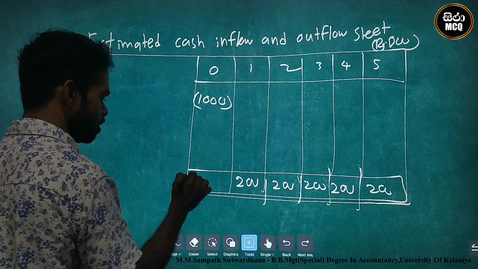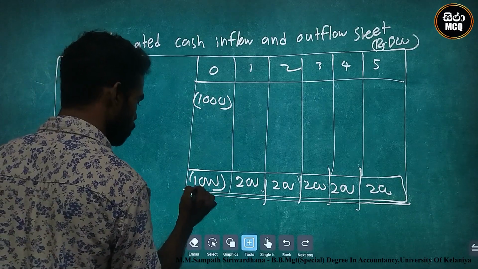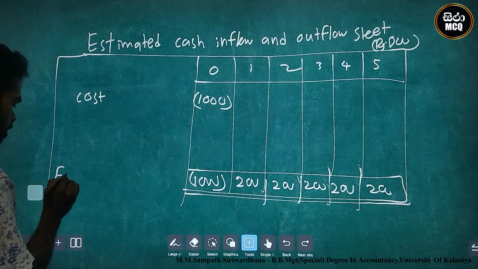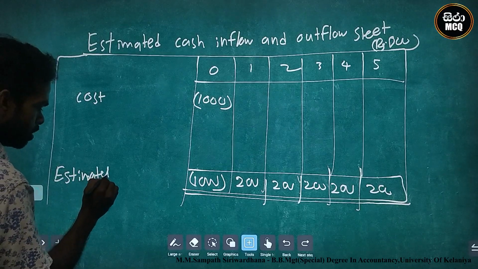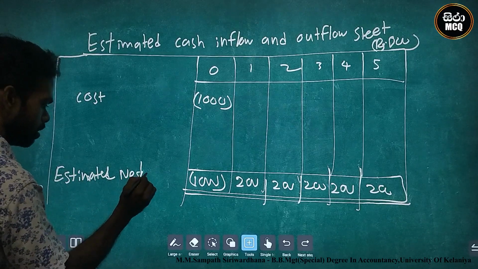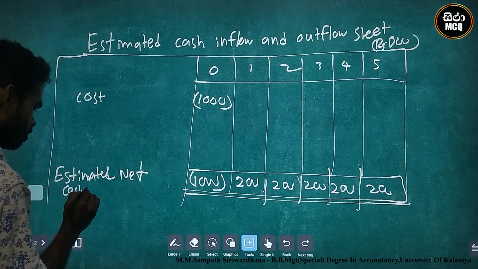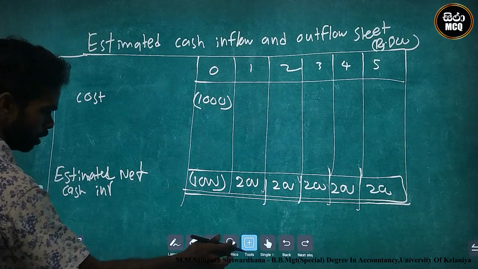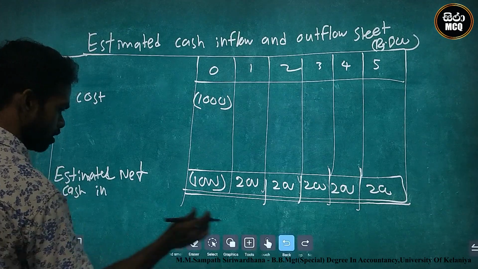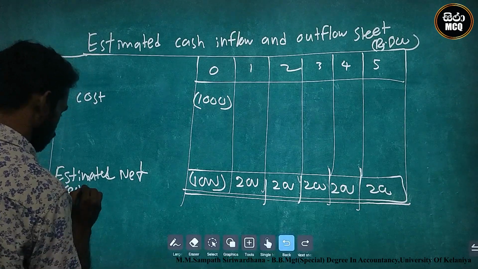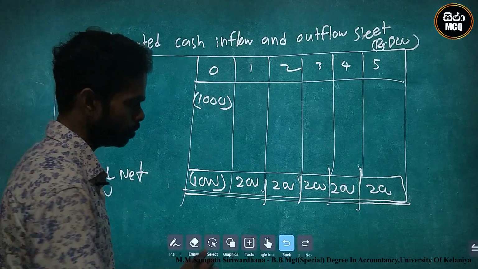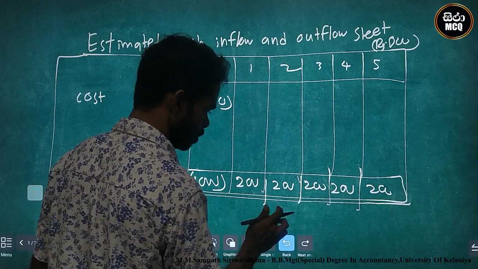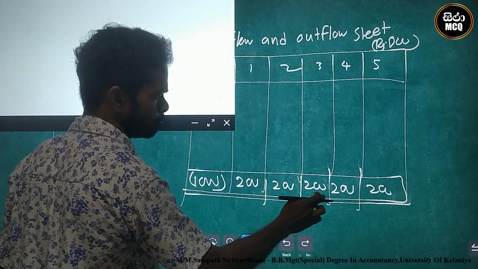Year 0 is a 1000 outflow. This is the estimated net cash flow. This is the schedule.